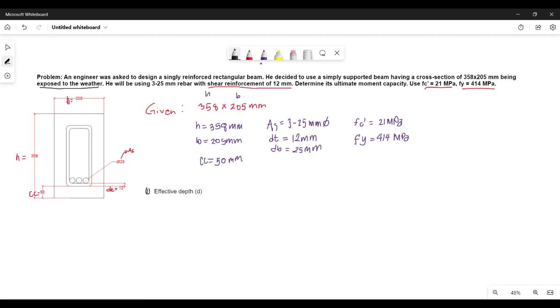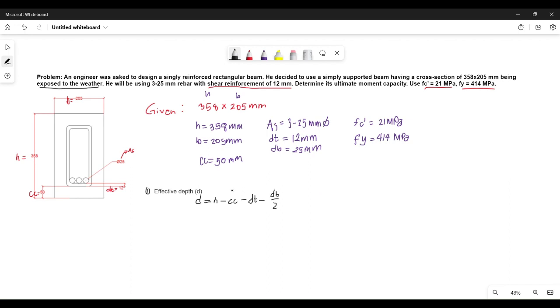Effective depth: d is equal to height minus the concrete cover minus the diameter of the shear reinforcement, denoted as dt, minus our flexural reinforcement diameter db over 2. That is how we compute our effective depth.